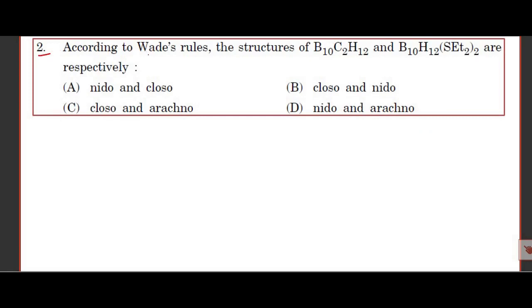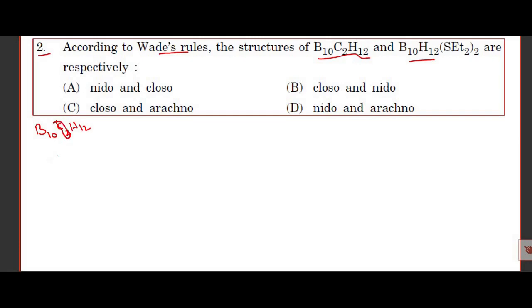Question number 2. According to Wade's rule, the structures of B10C2H12, B10H12 2- (SET twice) are respectively. Here first you will take the first compound B10C2H12.